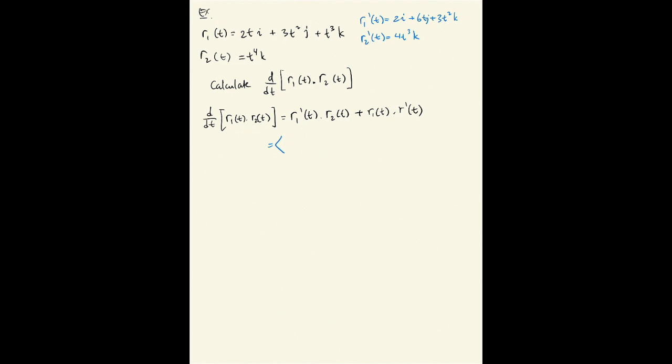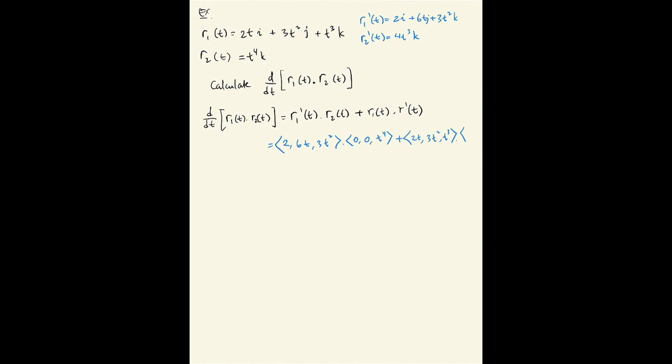So R1 prime is 2, 6t and 3t squared, and you need to dot with R2, plus R1 is t squared, 2t, 3t squared, t cubed, and then the same.